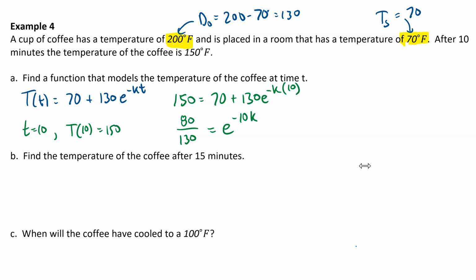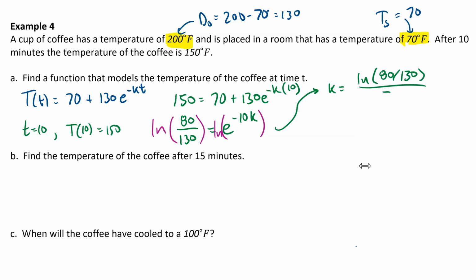And then, of course, we can apply natural log to both sides, and we end up with k equals the natural log of 80 over 130 divided by negative 10. And we can use this to find a value for K of about 0.0486.